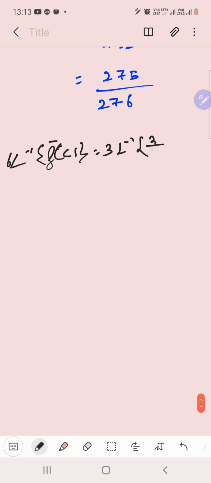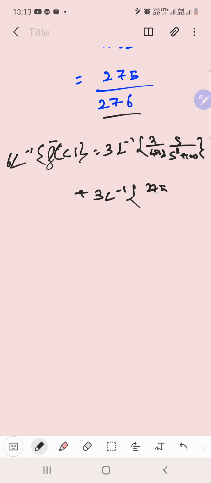So 3 over 452 times s over s square plus 100. Clear? Then plus 3 times Laplace inverse of b, which was 275 over 276, so 275 over 276 times 1 over s square plus 100. Clear?